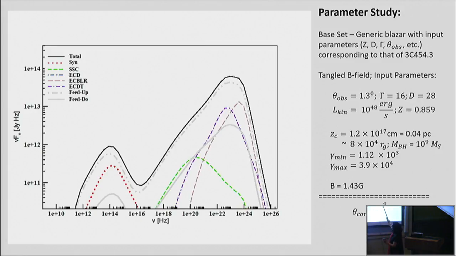The starting point of the emission region is at 0.04 parsec, or around 10 to the 5 gravitational radii away from the central engine.